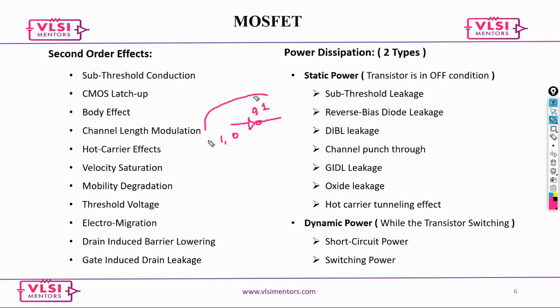Now the whole thing, the internal transistors are conducting. It could be either PMOS or NMOS. We will talk about what is the meaning of PMOS and NMOS in a while. Now, before that, let's quickly finish the power dissipation topic.